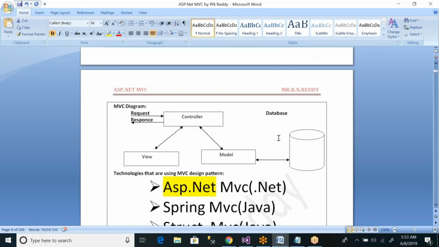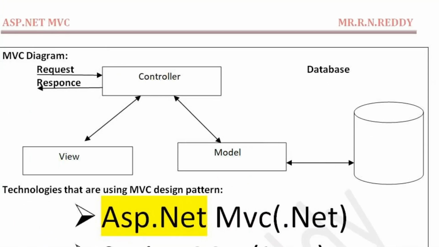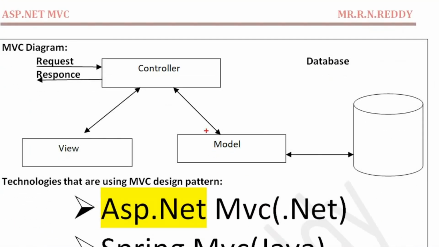This is the MVC architecture diagram. In ASP.NET MVC or any MVC application there are three modules. Are you getting my voice, guys? Yes, sir. One is controller, view and model. Model will contain the data access logic, the logic which communicates with the database.